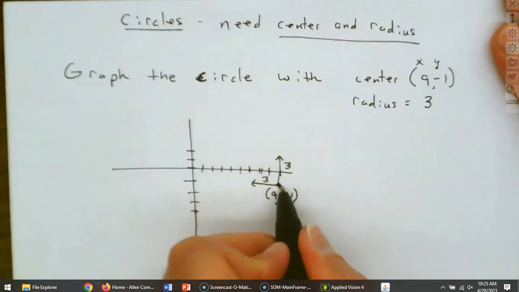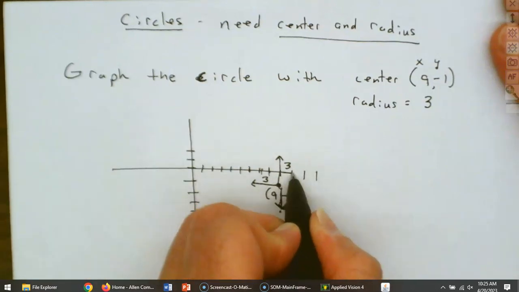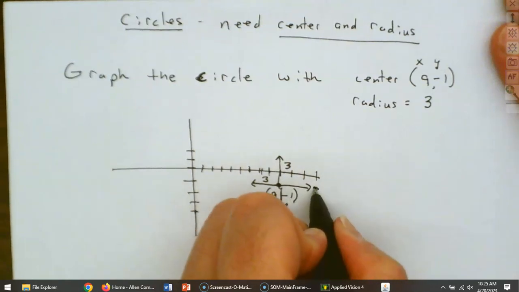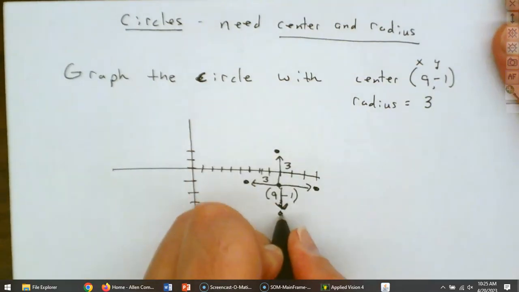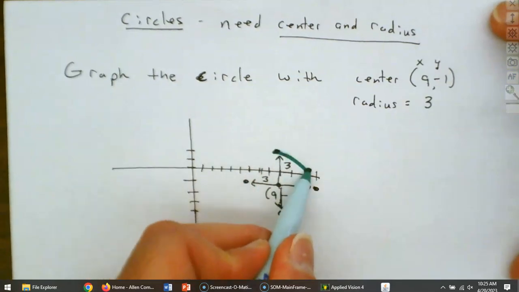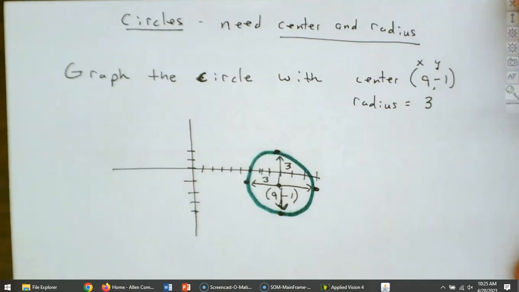And we go 3 units to the right. 1, 2, 3 units to the right. And then we've got these dots, and we're going to connect them together and make our circle. That's it. So all you need for a circle is a center and a radius.